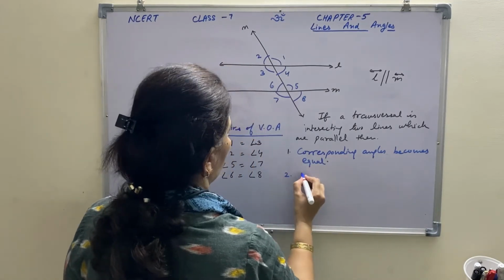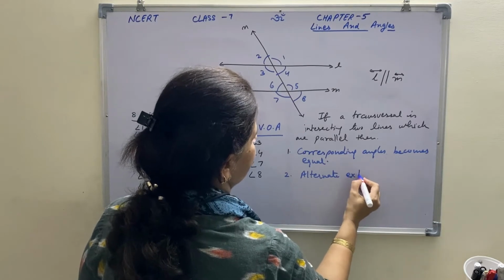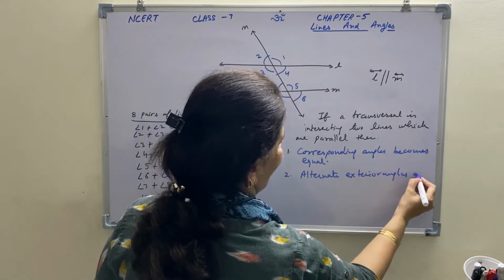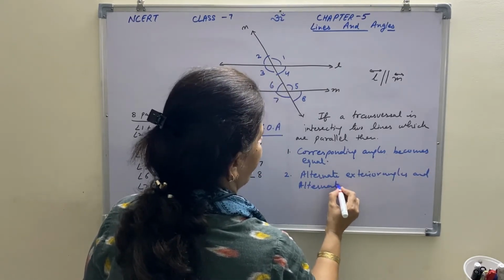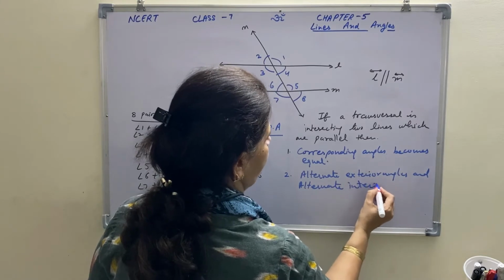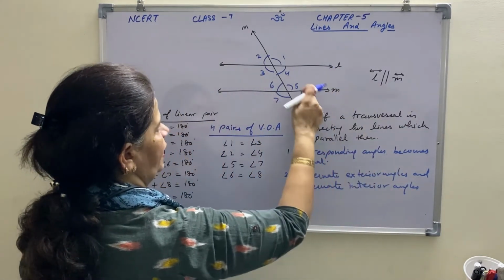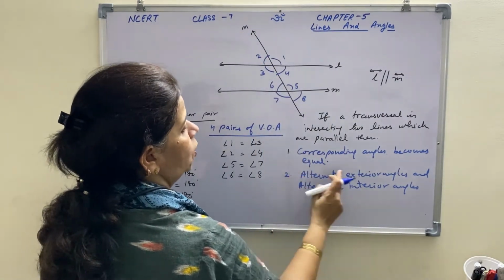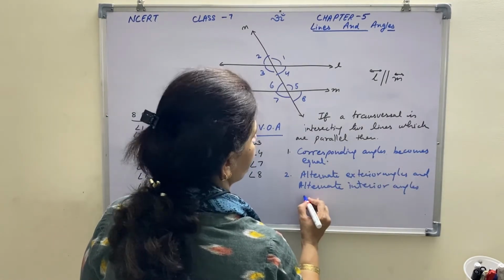Number two, alternate exterior angles and alternate interior angles also become equal. It happens when the lines are parallel. If these two lines are parallel and a transversal is there, then corresponding angles become equal, and alternate exterior angles and alternate interior angles also become equal.